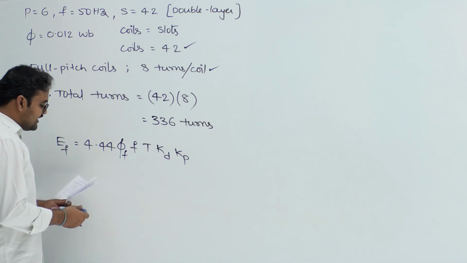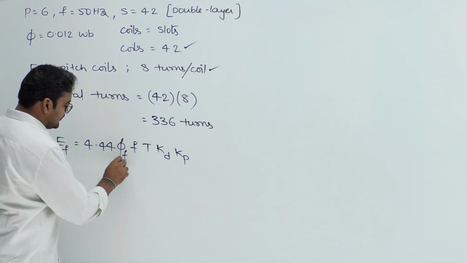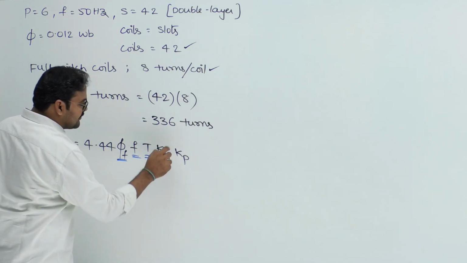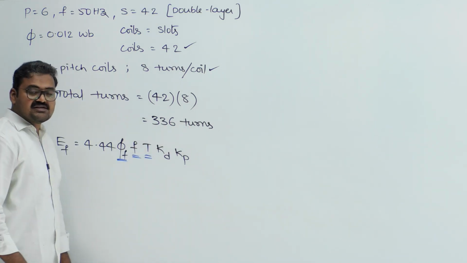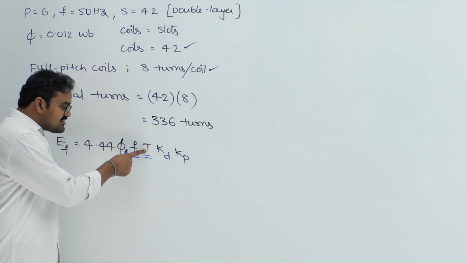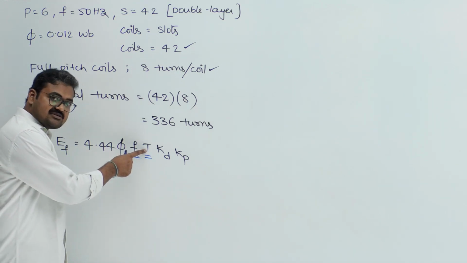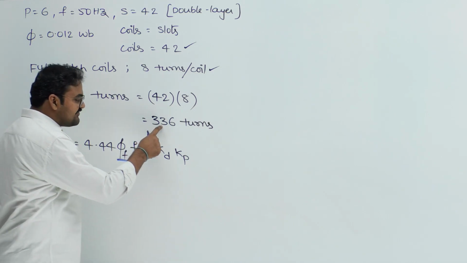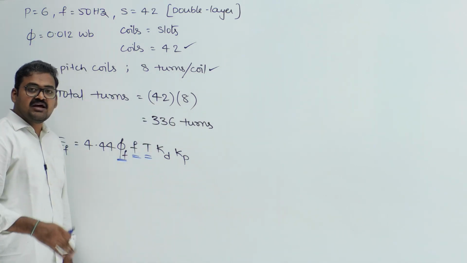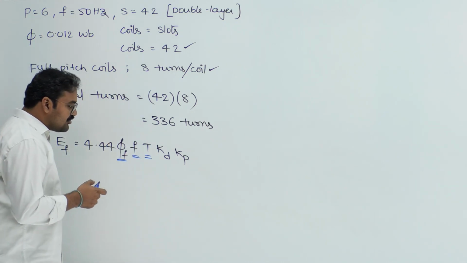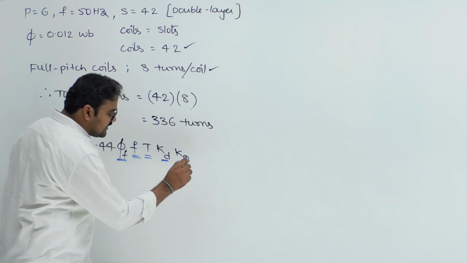Flux per pole and frequency are given. Total turns are 336, but T represents number of turns per phase, so for single phase it will be 336 by 3. The unknown values are distribution factor and pitch factor.